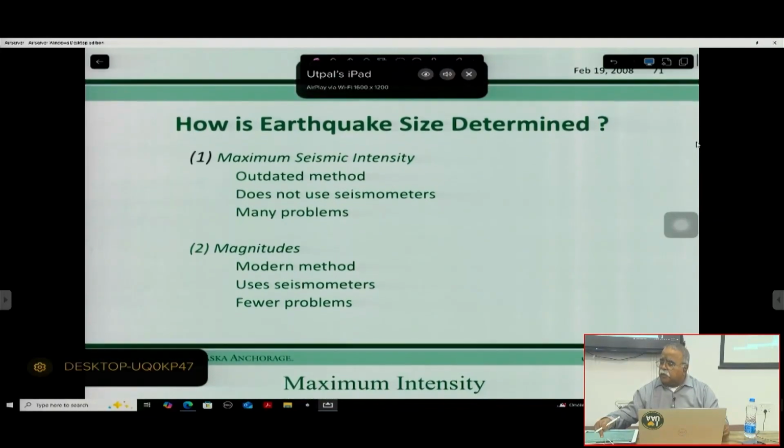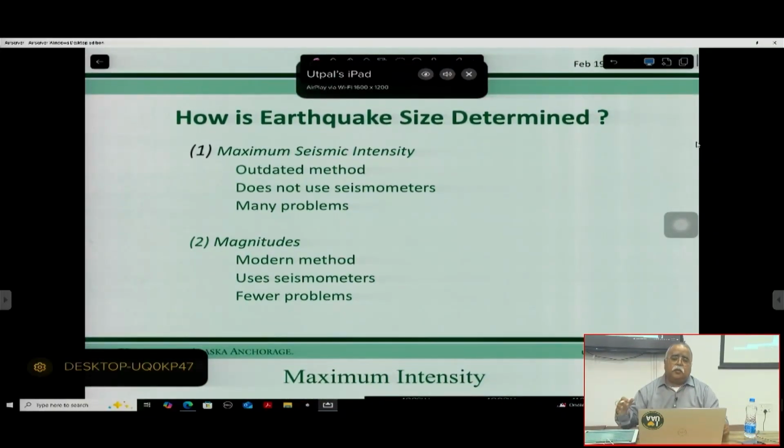After we get any earthquake, the natural first question is always the size, how big is this earthquake, right? So that we have to determine. And there are two ways of determination.